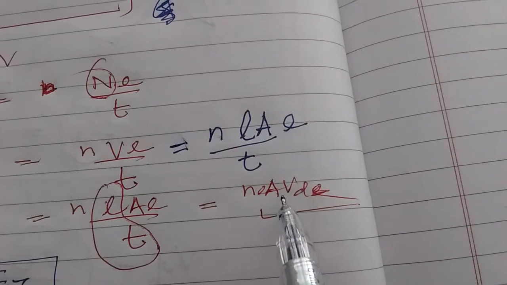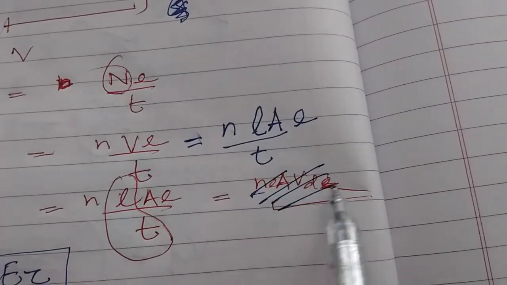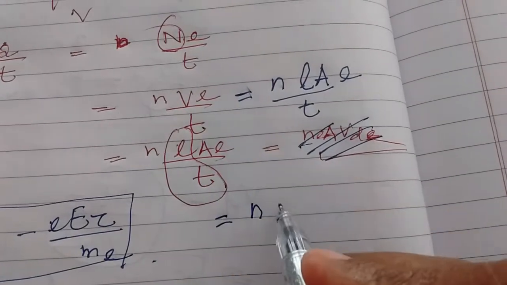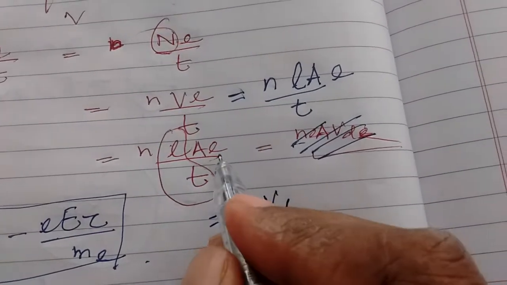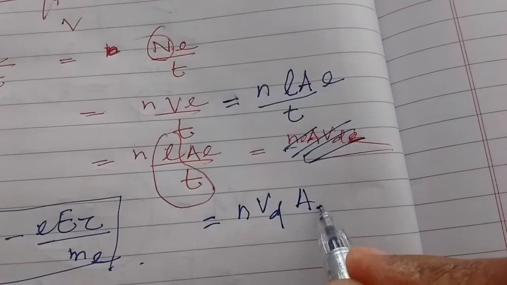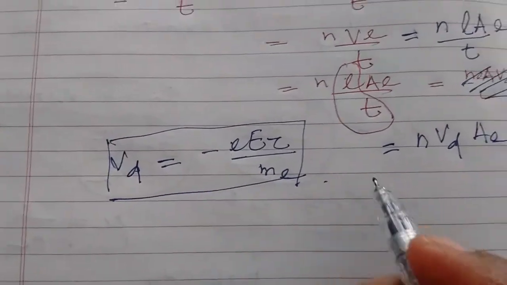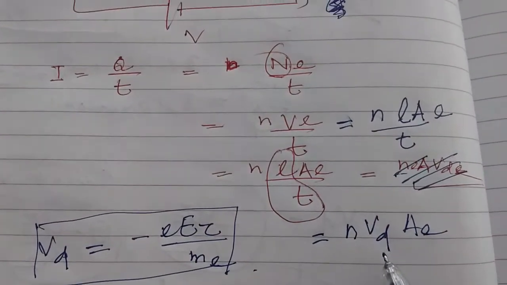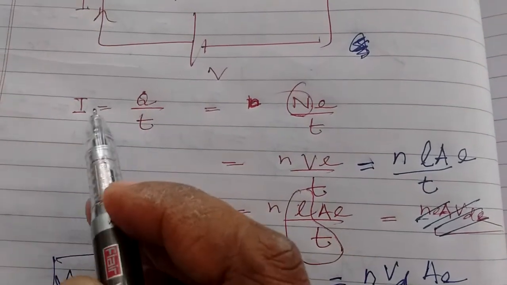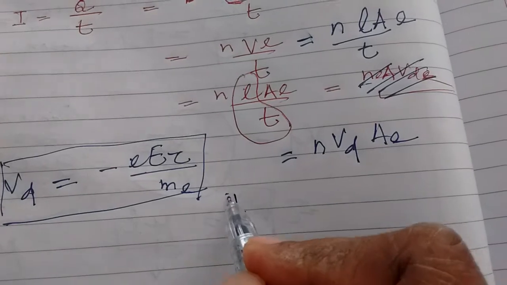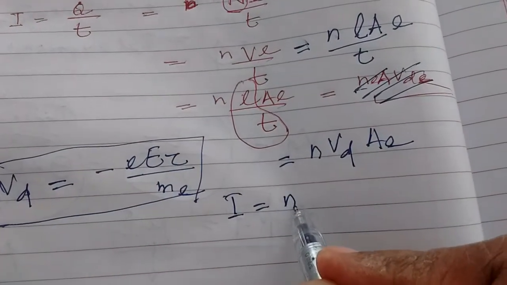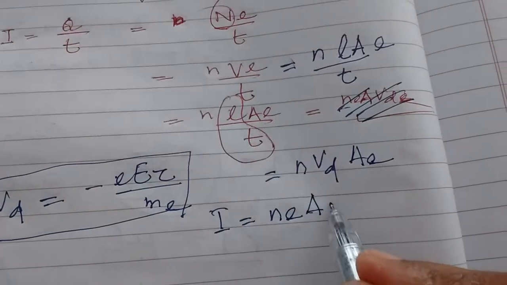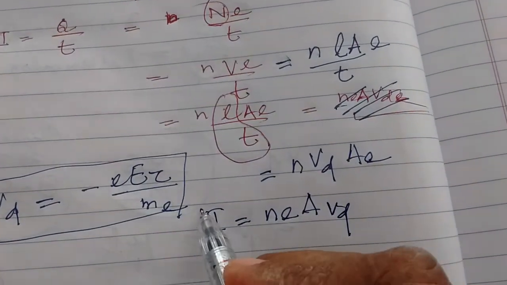Okay, so total expression will become L by T is Vd, A, E. So final expression for current is N E A Vd.